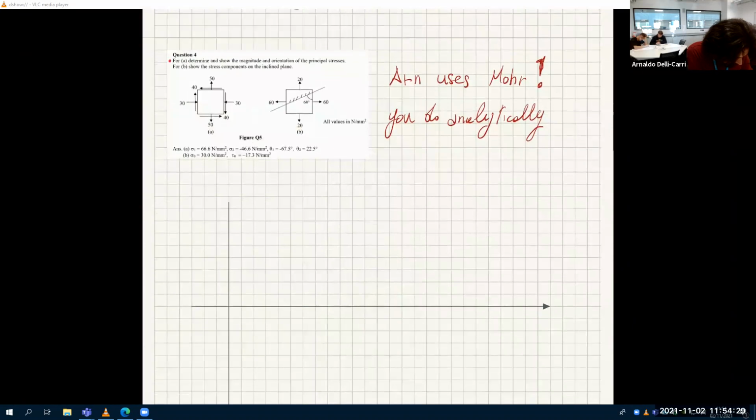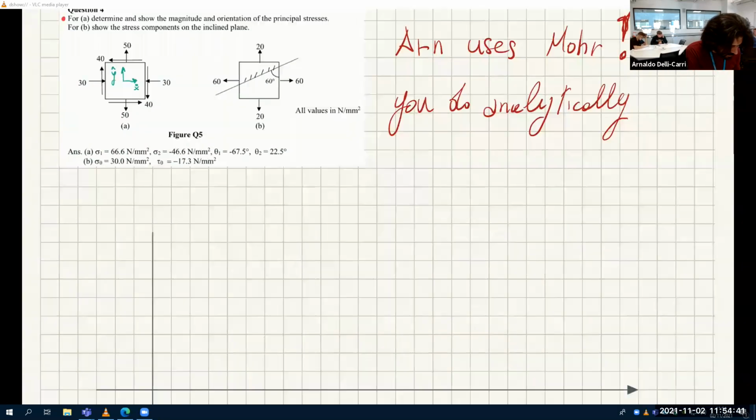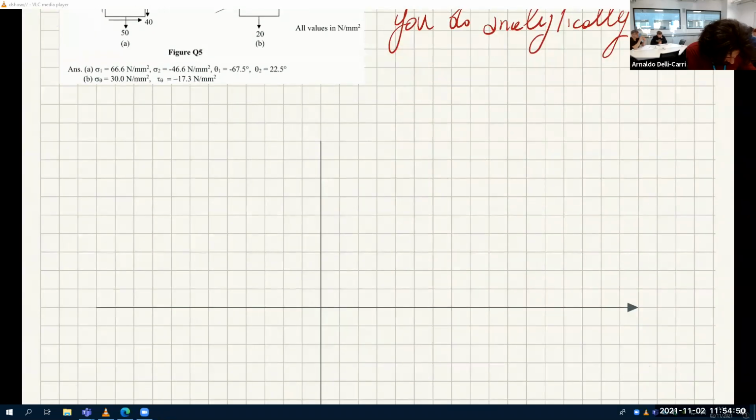So this is 50. So let's say that this is X and this is Y. So I have that X is negative and Y is positive. So sigma x is minus 30. So 10, 20, 30.